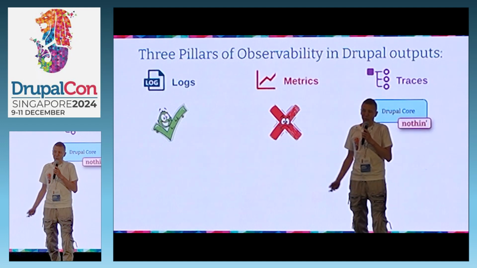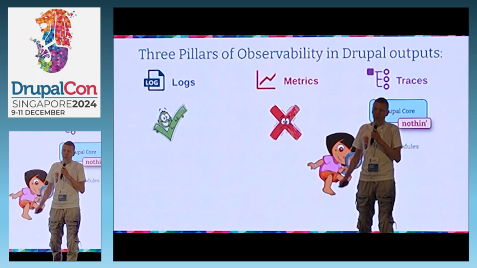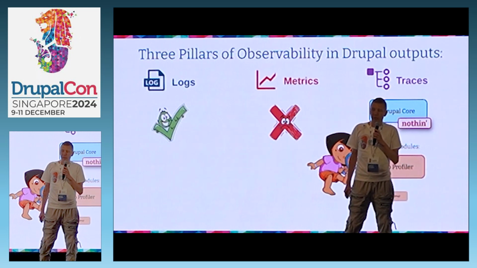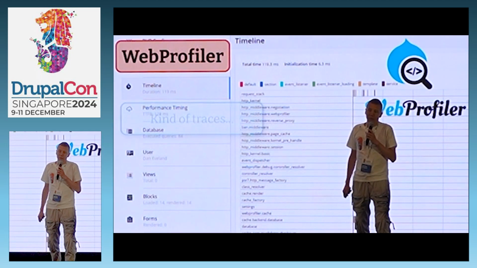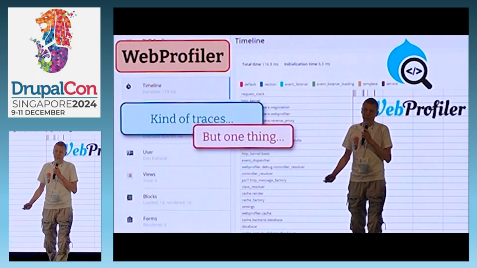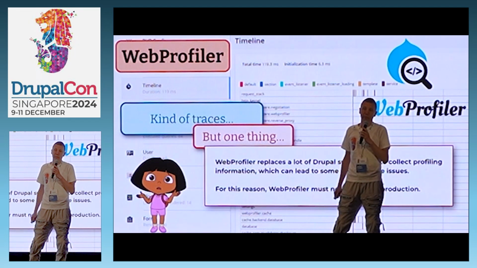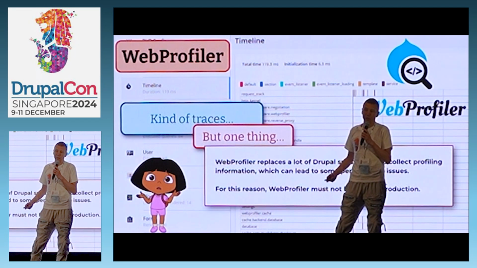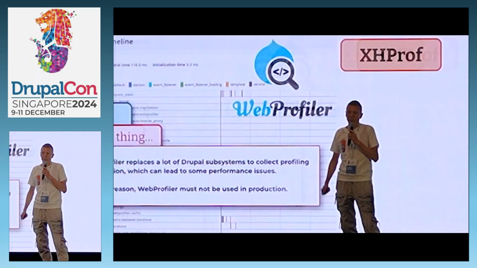So in Drupal core, as usual, we have nothing. And in contrib modules, we can also use web profiler and xhprof. And in web profiler, we can find kind of traces. But the problem is that this module is not recommended to use in production because it slows down the Drupal a lot, so it's not the solution.